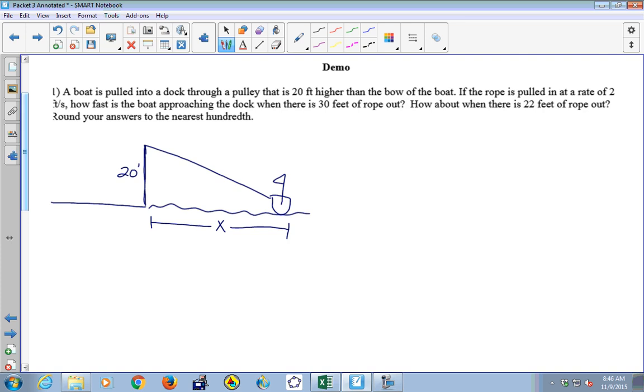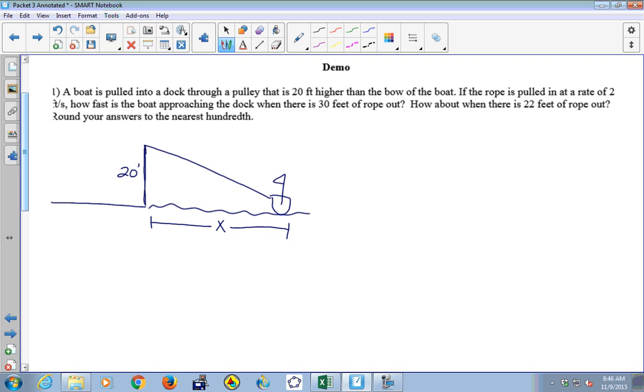All right, so in all of these, you draw a static picture, and you're labeling just distances, not rates. Any distance that's constant you can label, and if it's a distance that's changing, you don't ever put a number in. Like the length of this rope, is that a constant or is it changing? It's changing.